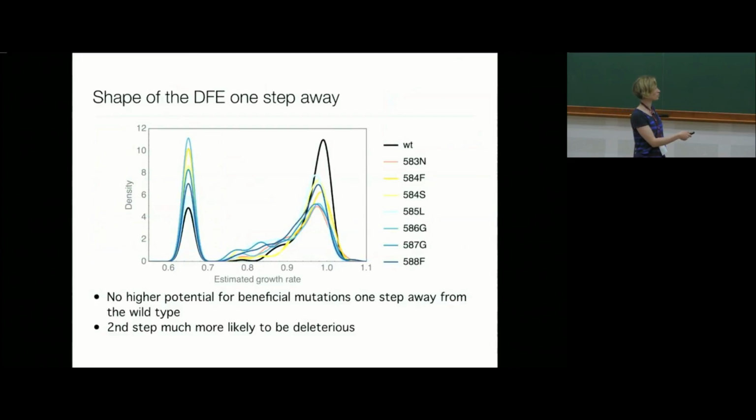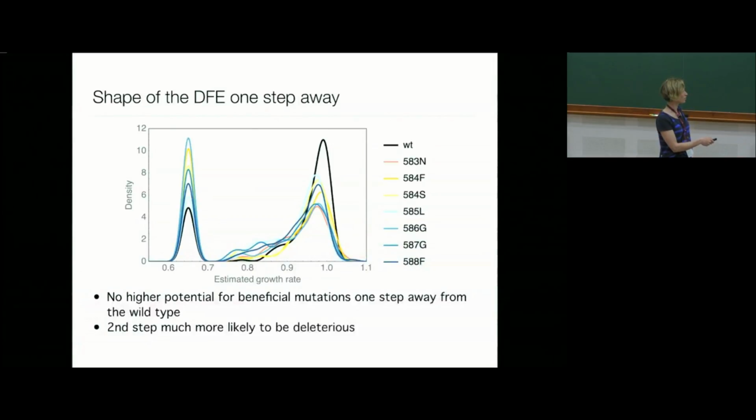Here you see just a smoothened version of what I showed you a lot yesterday, with the estimated growth rate on the x-axis and the density of the smoothened DFE on the y-axis. The black line corresponds to our original distribution of fitness effects, and the colored lines correspond to the distribution of fitness effects of these different anchor mutations. I think it's very easy to see that we don't see a higher potential for beneficial mutations at all.